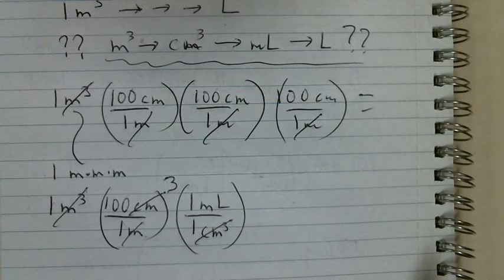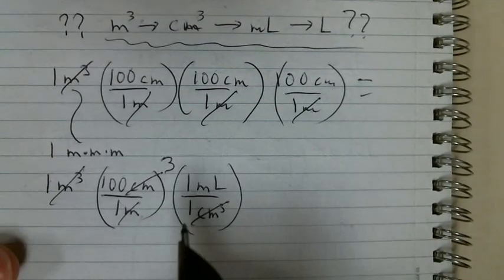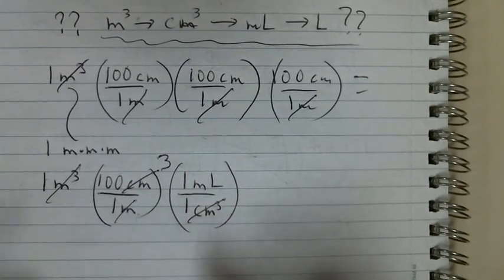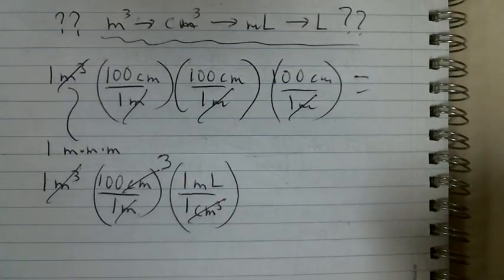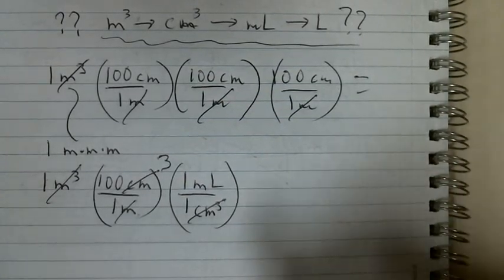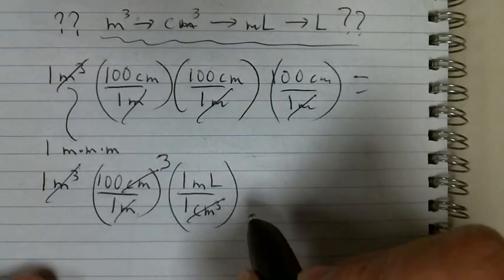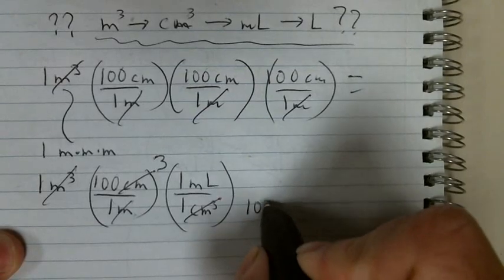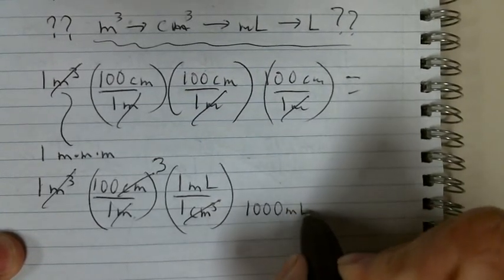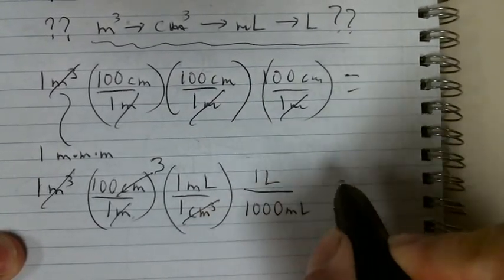It's no big deal. Then milliliters to liters, well, a milli is 10 to the minus 3, so we could use that as our definition. A millennium is 1,000 years, and so the way that I remember it is that there are 1,000 milliliters in 1 liter.